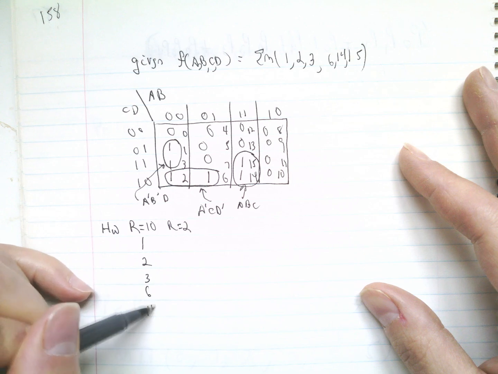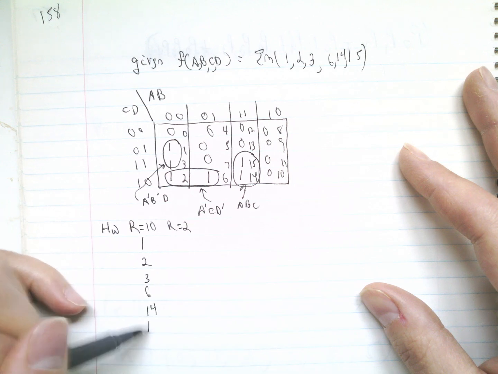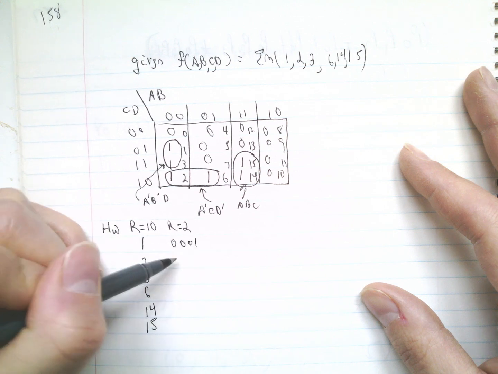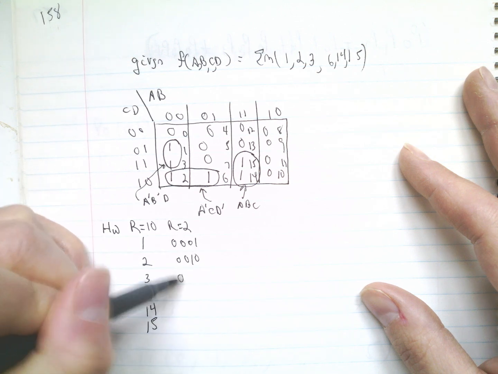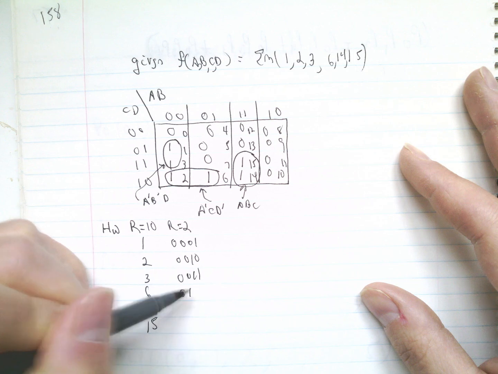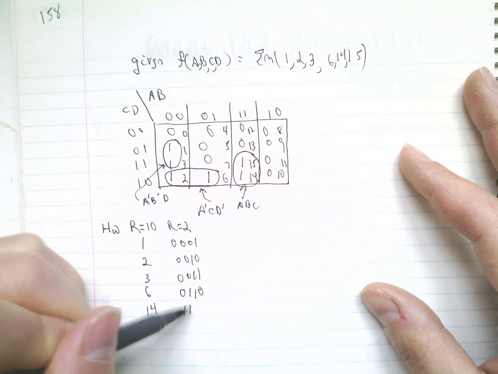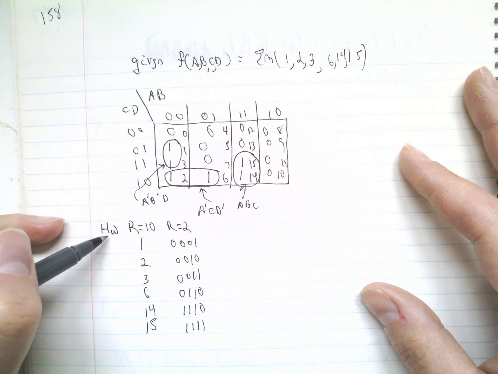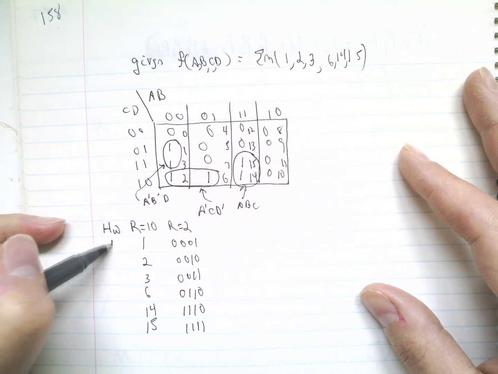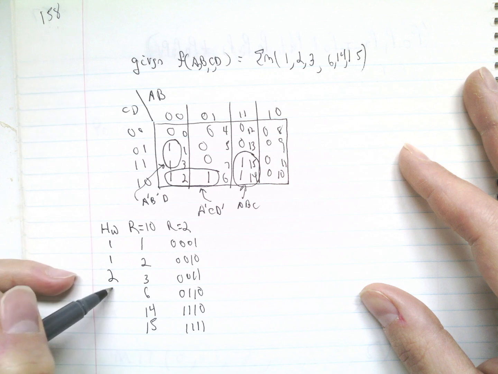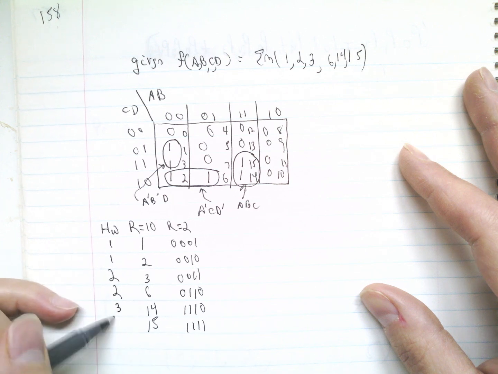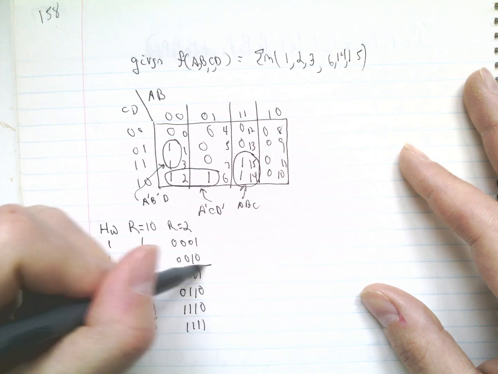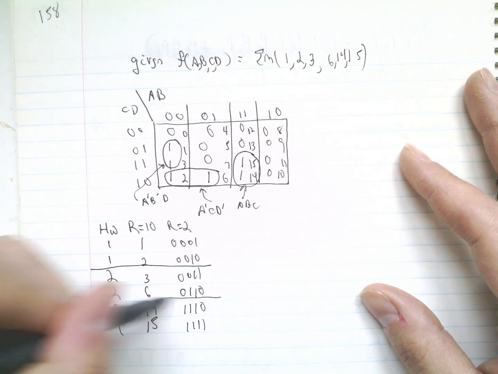For radix equals 2, we just fill in the binary. For the Hamming weight, we count the number of ones. And then we group by the Hamming weight. That'll be group 1, group 2, and group 3. And we call this column 1.